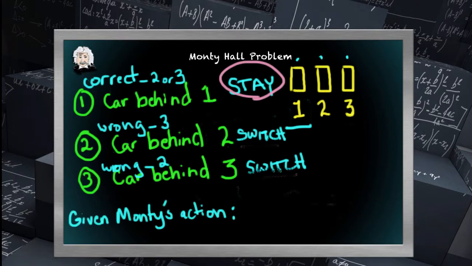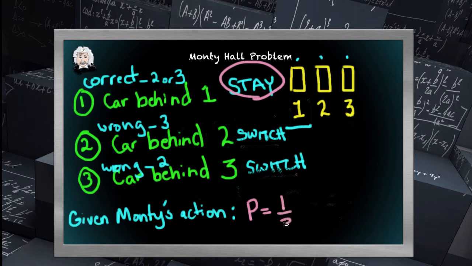Now recall, the contestant did not know what the best course of action is in scenario 1 or scenario 2, should he stay or switch, because he wasn't privy to where the car actually was. But the contestant does know there were 3 scenarios, and in only one of those 3 scenarios does the contestant find the car by staying.